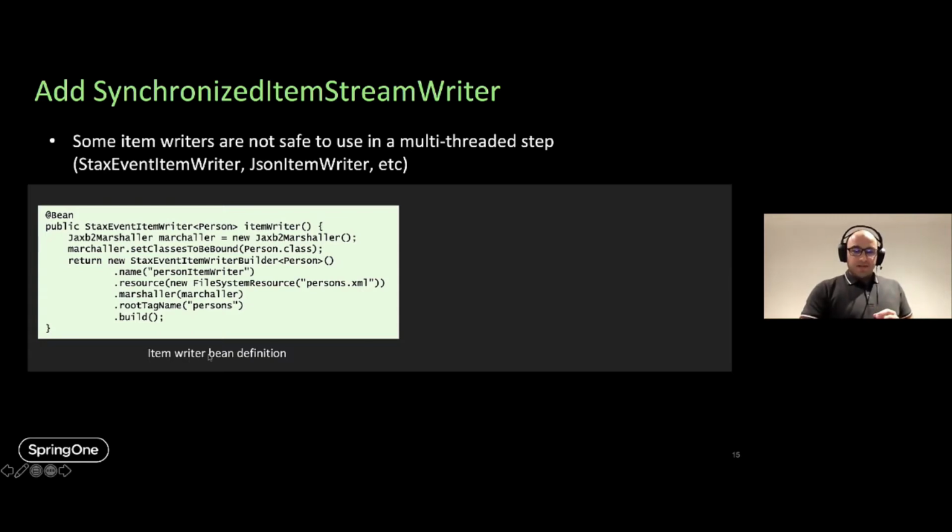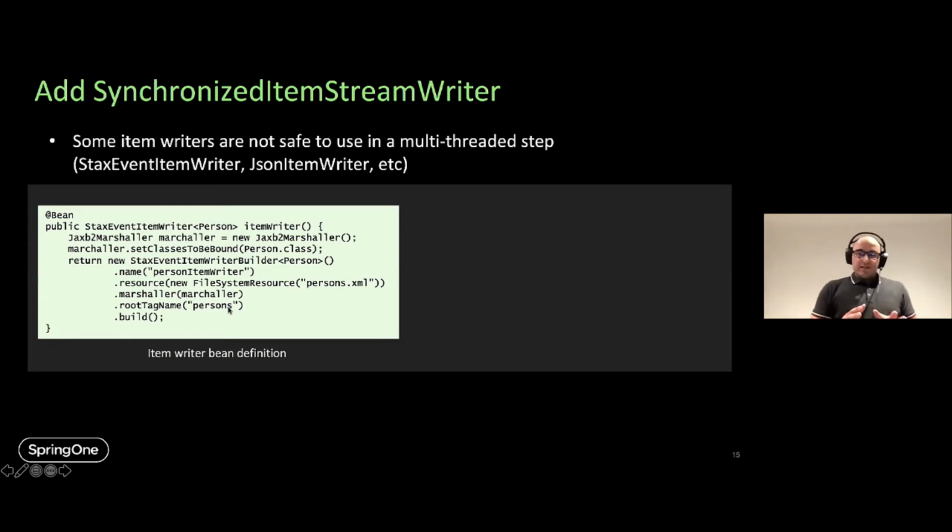This is a typical bean definition for the StaxEventItemWriter. So we define a marshaller, in this case, based on JAXB, and then start defining the writer. We give it a name, the resource, the output file, and the marshaller that I defined previously, and the root tag name persons.